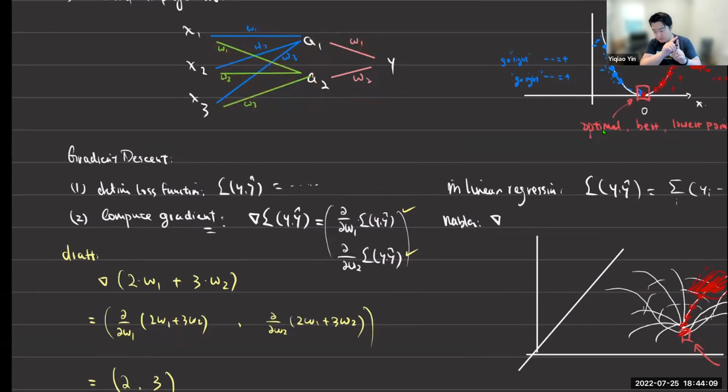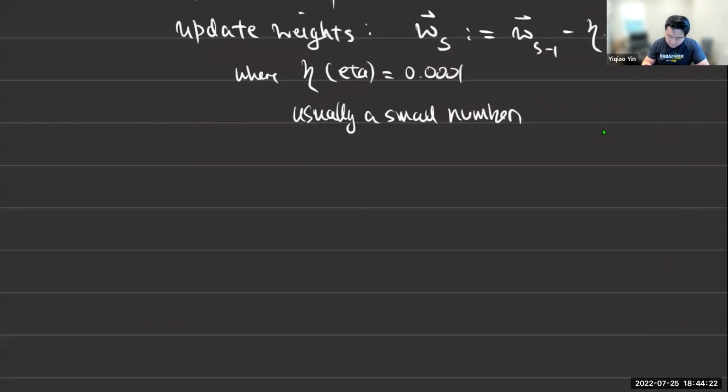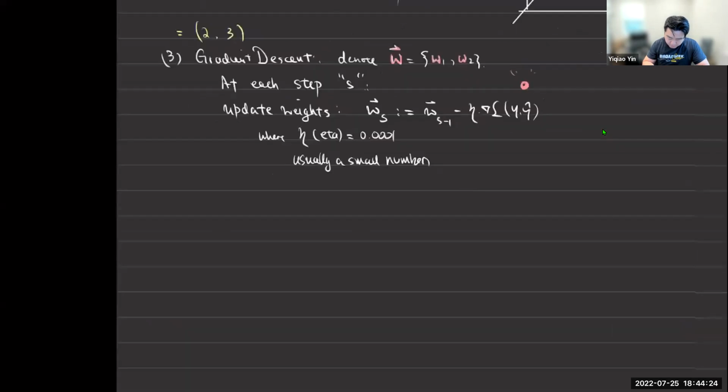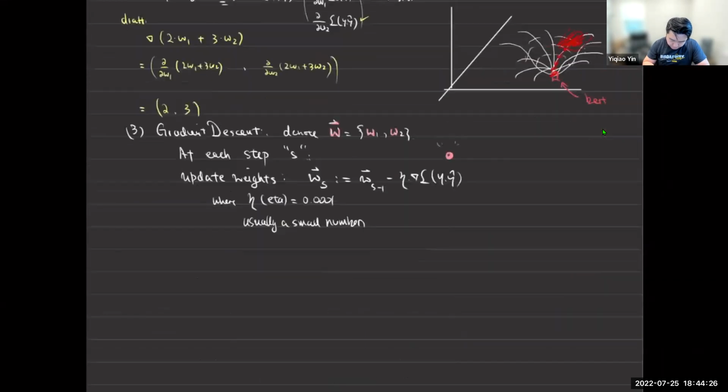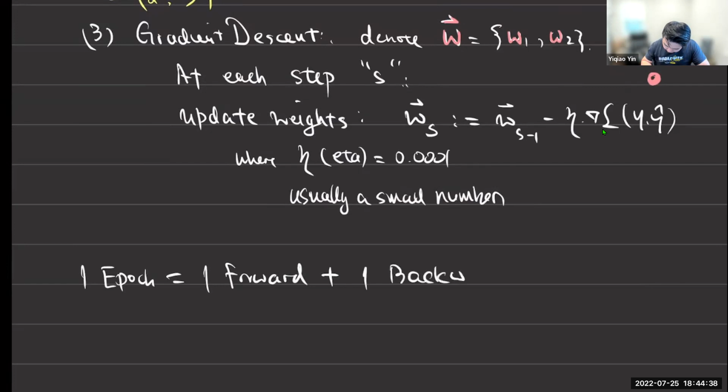So that one forward propagation and one all the way back, which have in this case 3 gradient descents, right? That will complete one epoch. So this way, it completes one epoch. So already here, okay. So 1 epoch equals 1 forward plus 1 backward.